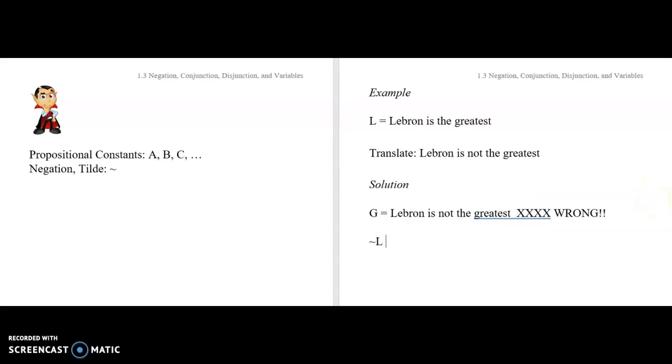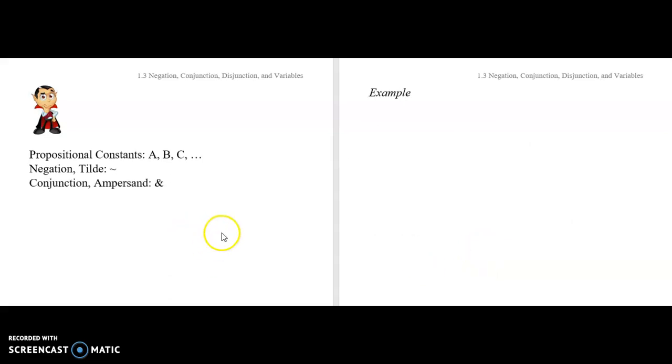The correct translation would be this: notice LeBron is the greatest is positive, it doesn't have that not in it, and then you represent the not with the negation. That's a convention we always abide by, and in your logic class your professor will more likely than not always abide by that stricture as well. Pretty easy, right? You've got your propositional constants, and you can negate them with the tilde symbol.